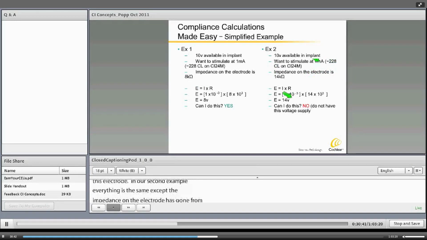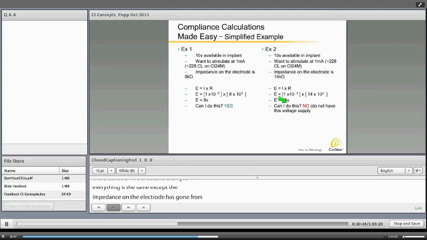In our second example, everything is the same except the impedance on the electrode has gone from 8 kiloohms to 14 kiloohms. And so now we've got a requirement of 14 volts. Because we only have 10 available in the implant, we can no longer stimulate at this level for this individual because we don't have the voltage supply available to present that 228 current units.